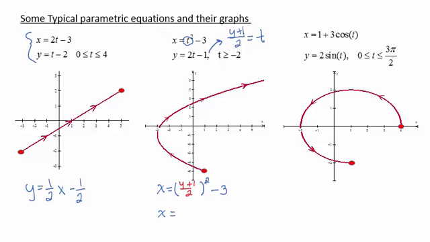Of course, we can rewrite this by distributing this exponent, this 2, as 1/4 y plus 1 squared minus 3, which we recognize as a parabola that opens to the right like this, with the vertex at the ordered pair -3, -1.